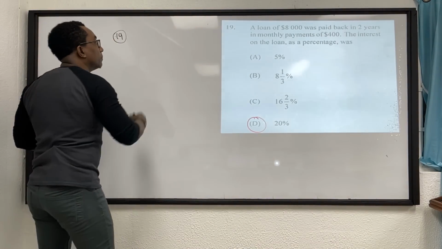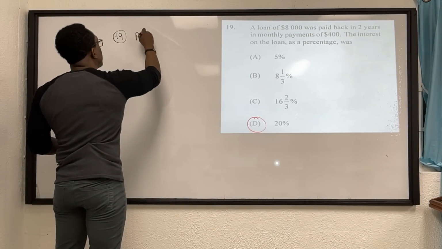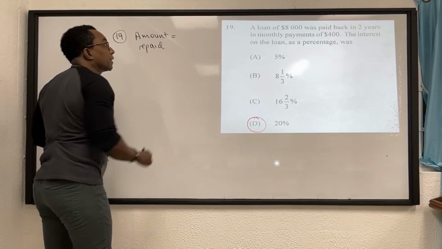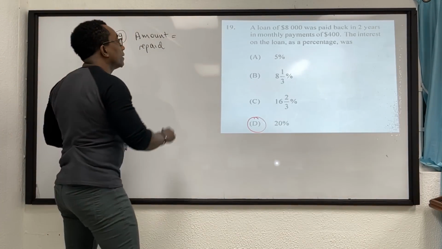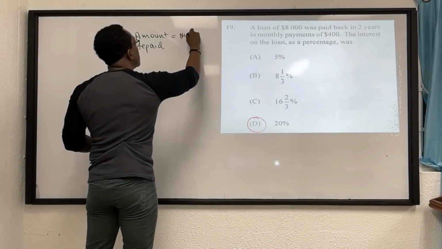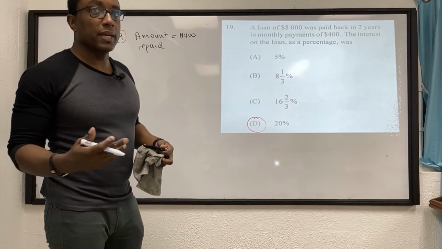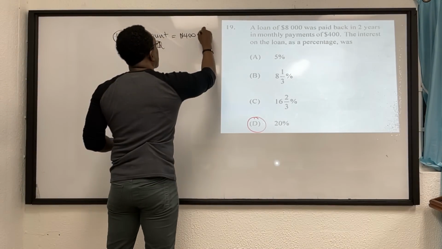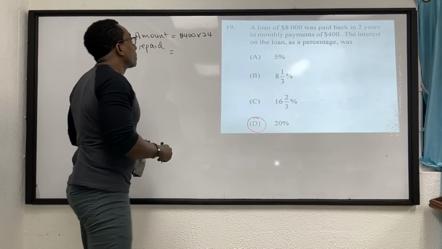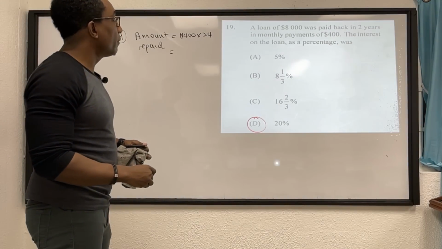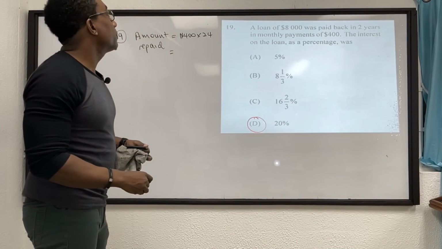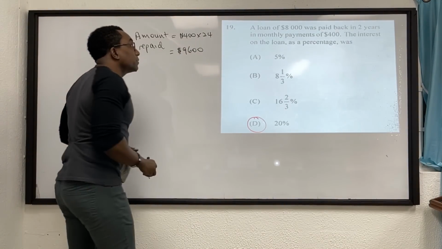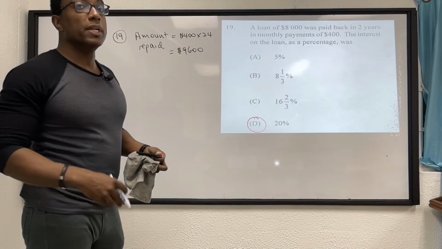So let's calculate the amount repaid. It will be to multiply $400, and we're not going to multiply by 2 years, we're going to convert those 2 years into months. That's 400 multiplied by 24 months, and 400 by 24 months will give us $9,600. So this is the amount repaid.